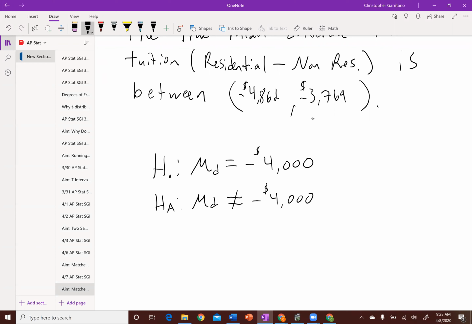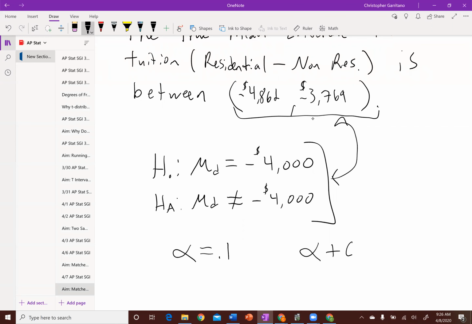So the hypothesis test that I've just written here and this confidence interval should always agree with one another, as long as we have an alpha level, in this case of 0.1. So I need my alpha plus my confidence level to equal 1. And I have to be running a two-tailed test.